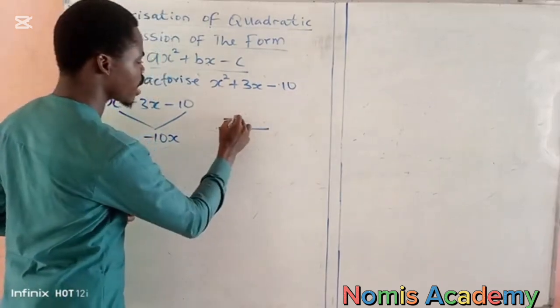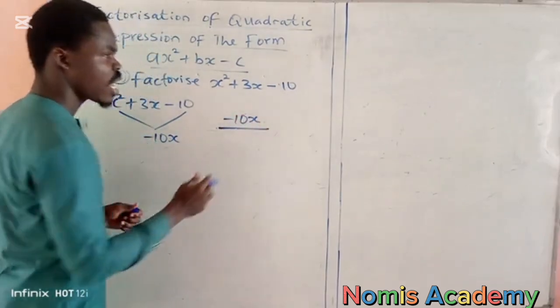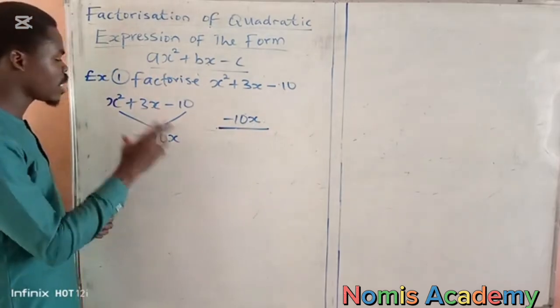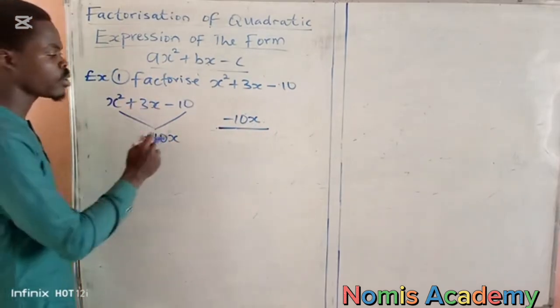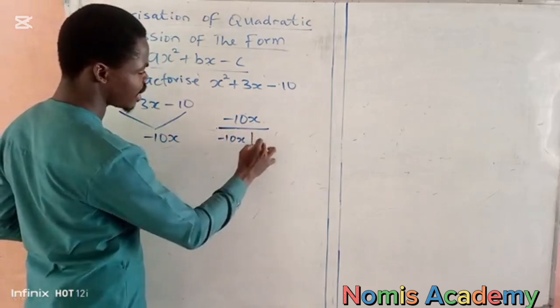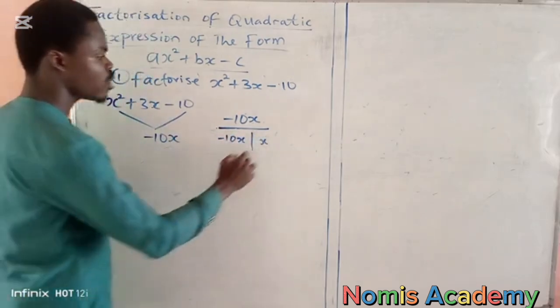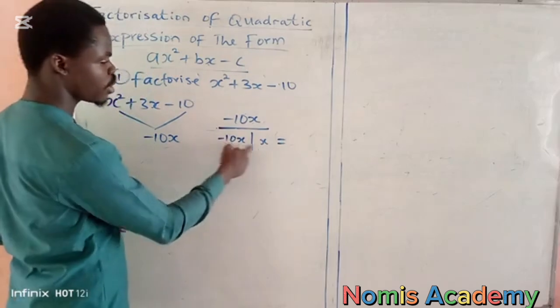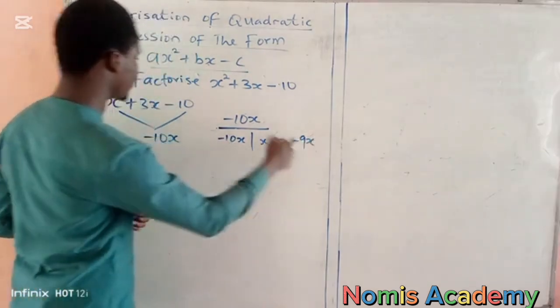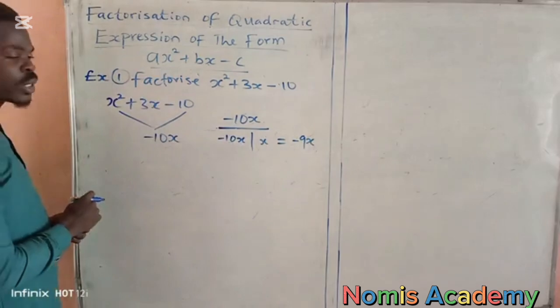We'll write minus 10x² and then we are going to find all the factors of 10 that sum up to 3x. So the first one is minus 10x and x. And that will give us the sum. This plus this, the sum will give us minus 9x. This is different from what we are looking for.